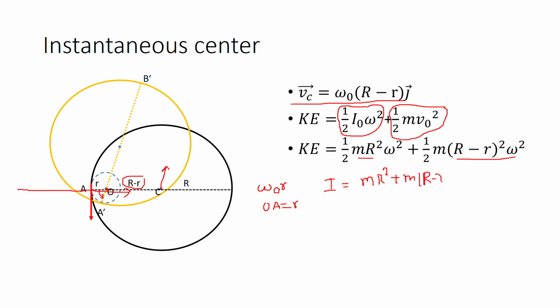So the moment of inertia about the axis of rotation is known, and we can calculate kinetic energy as half I omega square, that is half of m r square plus m (R minus r) square, times omega square. So this will be again the same as what we have obtained earlier. So kinetic energy can be obtained in all three methods.